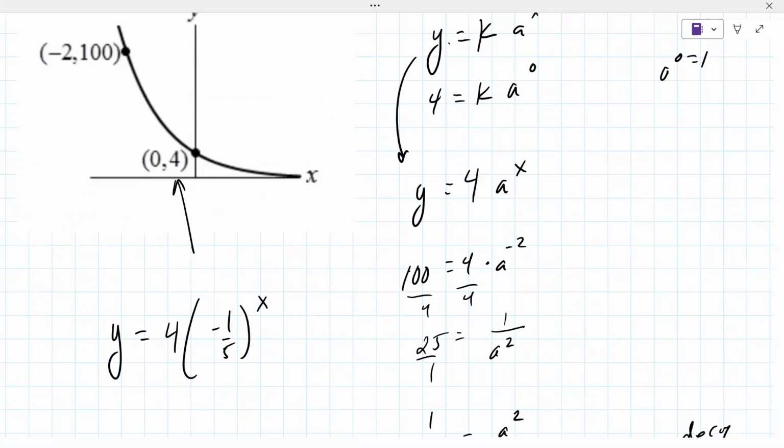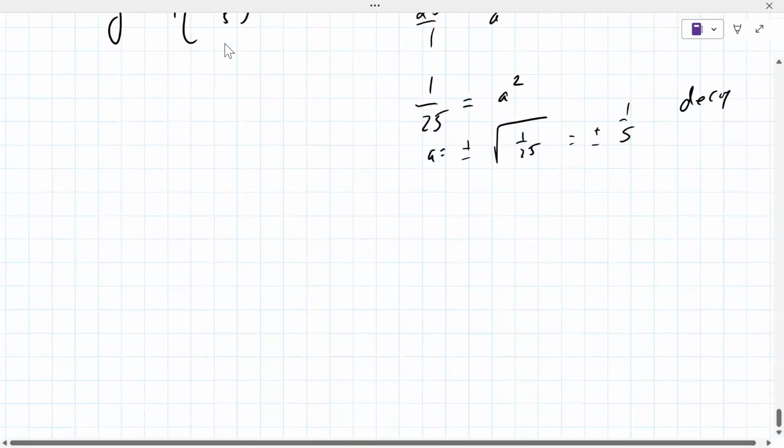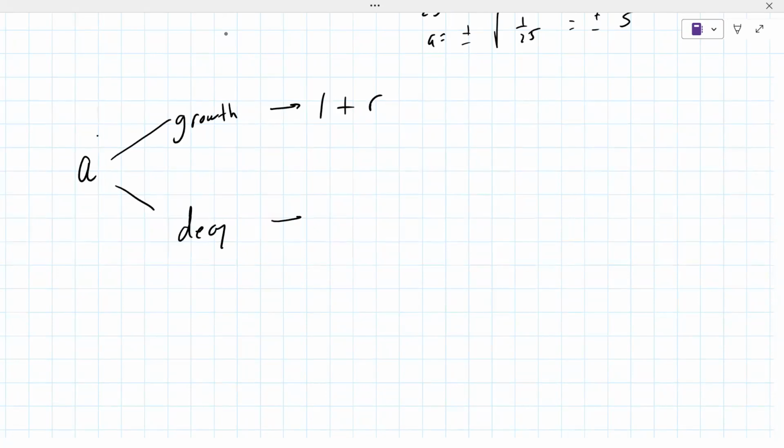Okay, let's talk a little bit about growth and decay factors. So the a is growth, and it becomes 1 plus r, or 1 plus the rate. If it's decay, then it's 1 minus r.